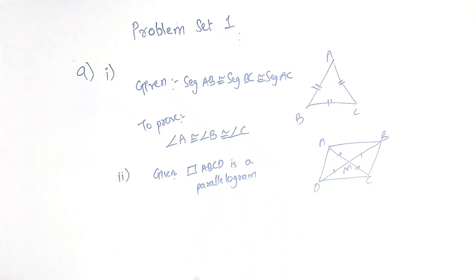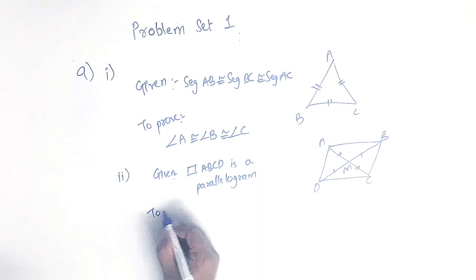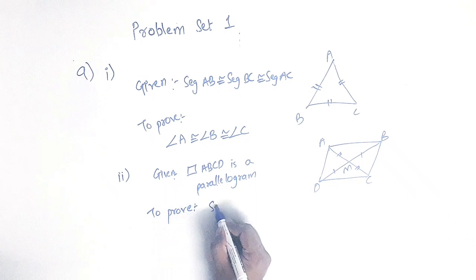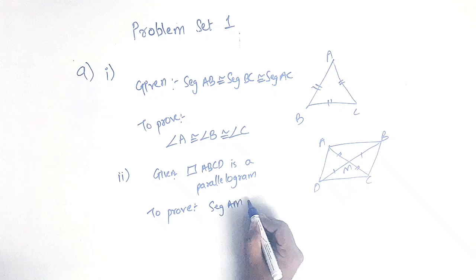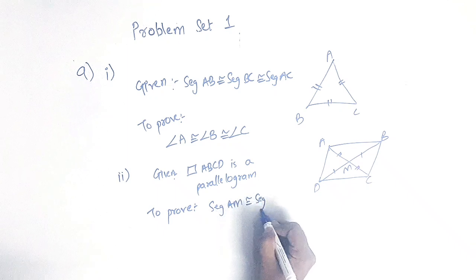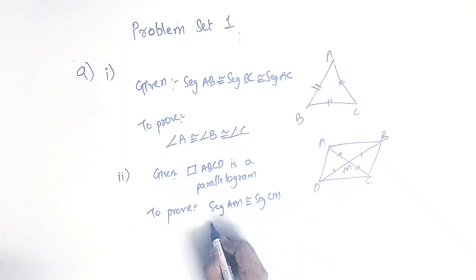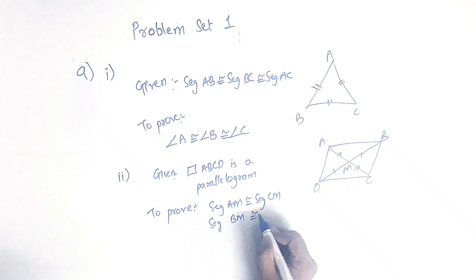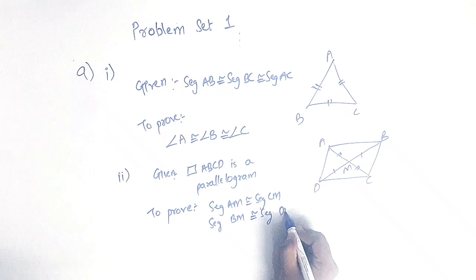This is the antecedent. What we have to prove is that diagonals bisect each other, meaning seg AM is congruent to seg CM and seg BM is congruent to seg DM. All these things we have to prove.